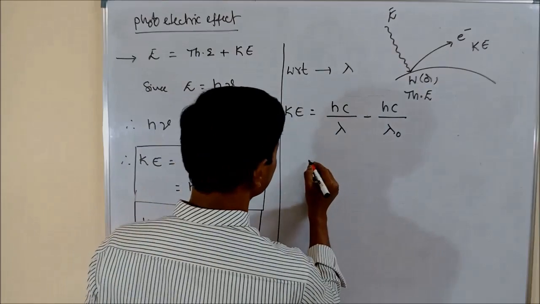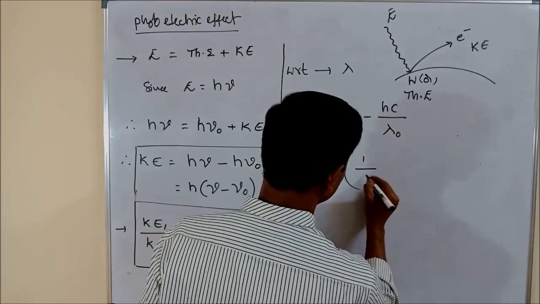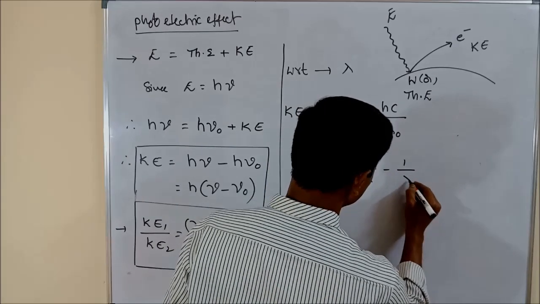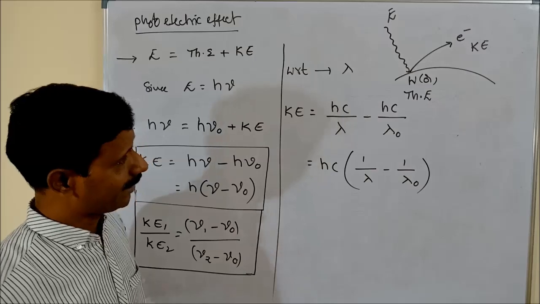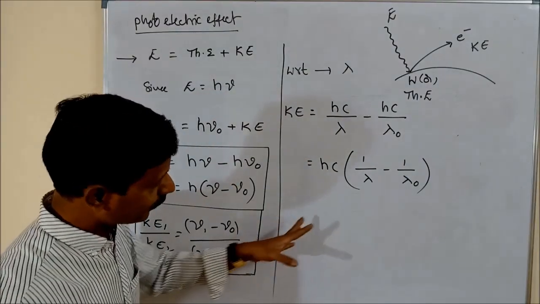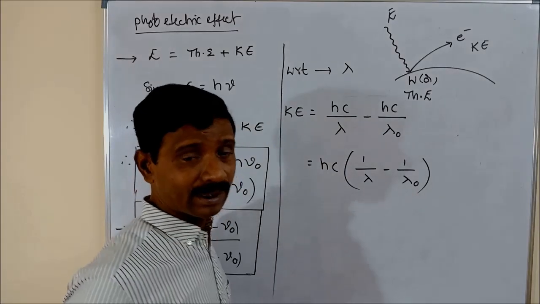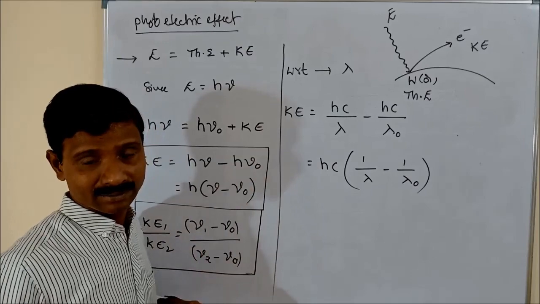So kinetic energy is nothing but hc into 1 by lambda minus 1 by lambda naught. If they mention the wavelengths, by using this formula you have to find the kinetic energy, and of course the units of wavelength we use depend upon the units of energy they mention.